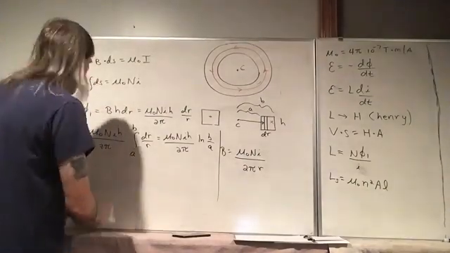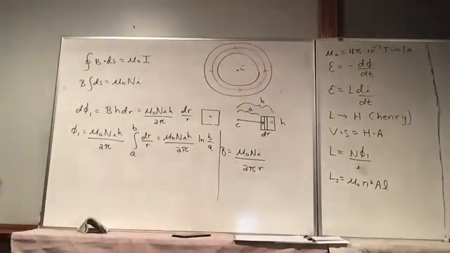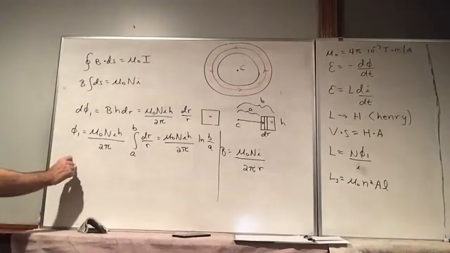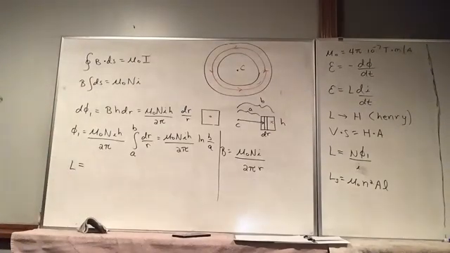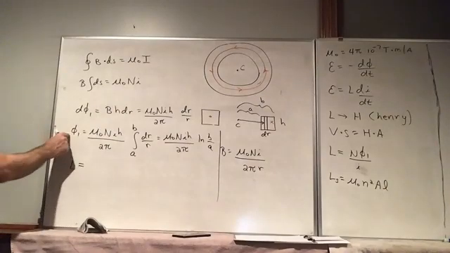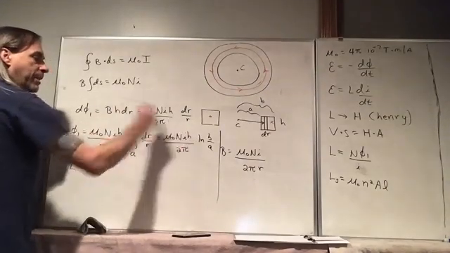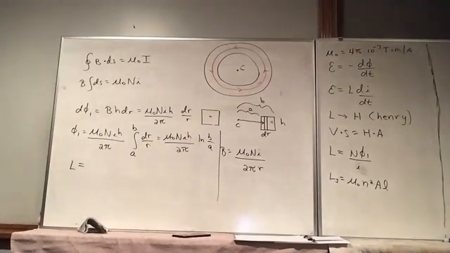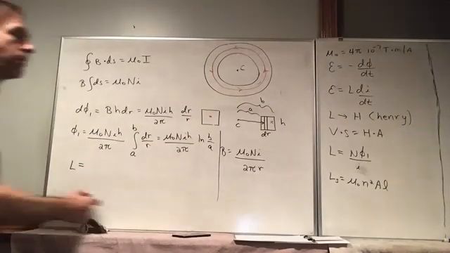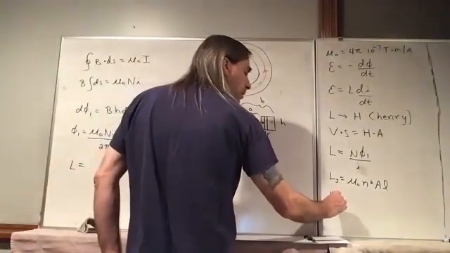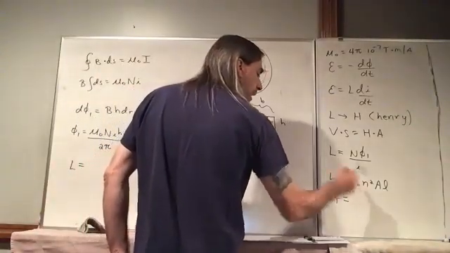So now we can find the inductance very easily. If we take phi 1 divided by I, we just get rid of that I, and now we have a constant, and then we multiply by N. Let's write this down here, the inductance for a toroid.